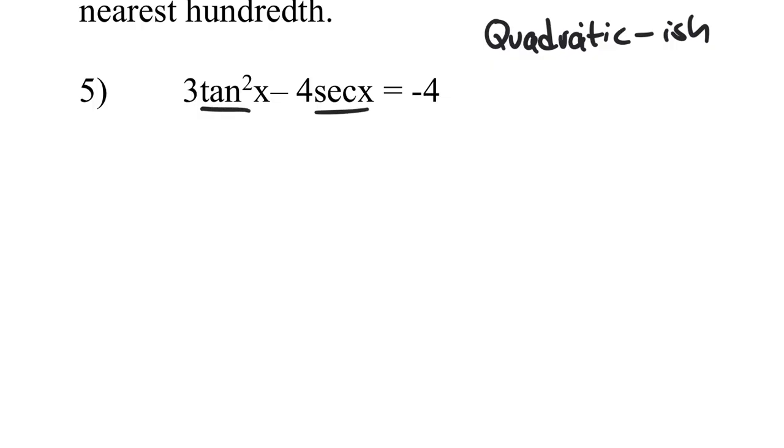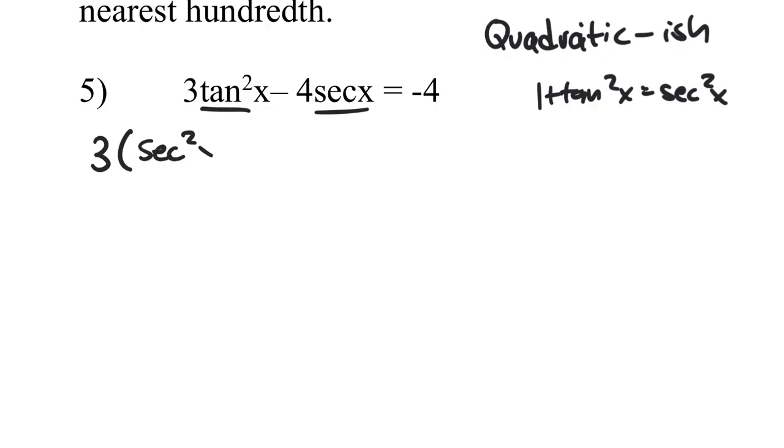So what I would do is find the Pythagorean, 1 plus tan squared x equals secant squared x, that I could use to replace tangent squared and to get all of my trig functions aligned, so they're all the same.